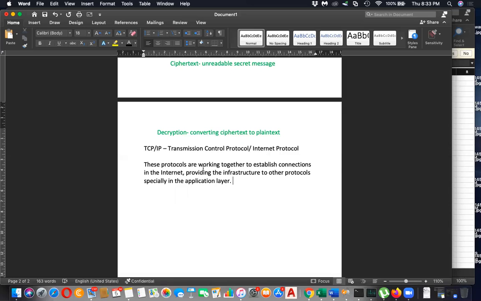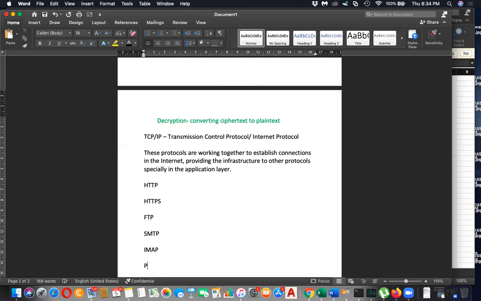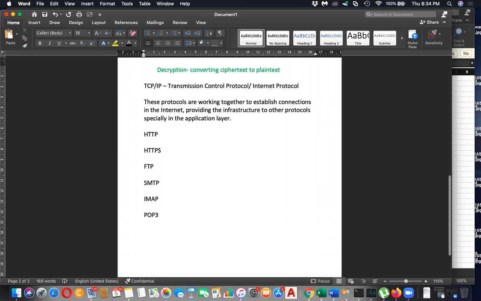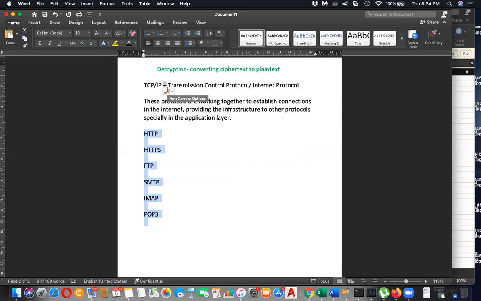On top of TCP/IP, other protocols like HTTP, hypertext transfer protocol, HTTPS, the secure version, FTP, file transfer protocol, simple mail transfer protocol, internet message access protocol, post office protocol version 3, and other application layer protocols work on top of the TCP/IP protocol suite.